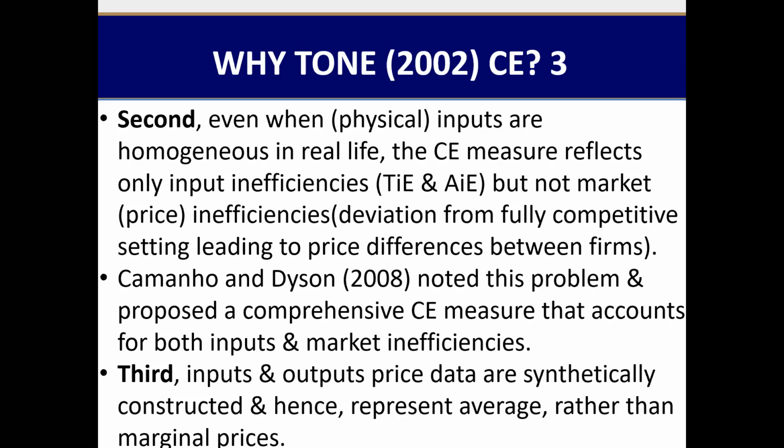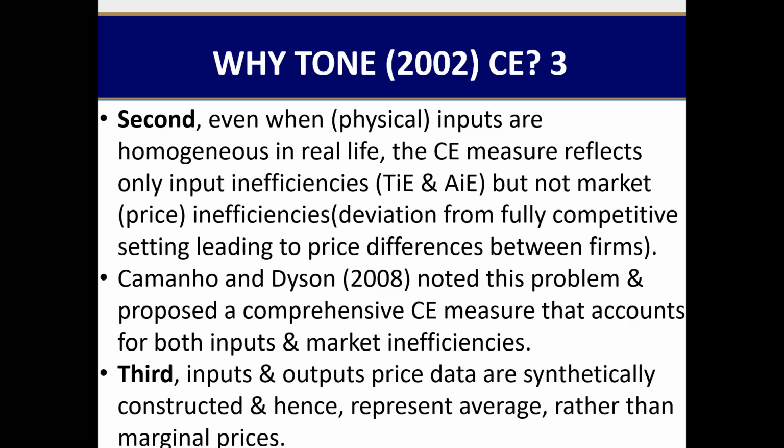Even when inputs are homogeneous in real life, the cost efficiency reflects only input efficiencies, and not price inefficiencies. And when we talk about price inefficiencies, we are talking about deviation from the competitive market. Another, Professor Camanho and Dyson, saw this problem and so they modeled their own separately. You will not do that.